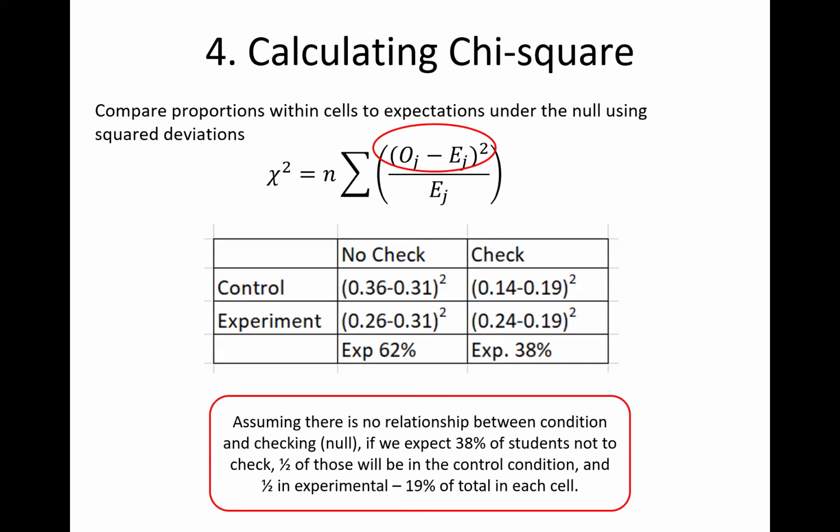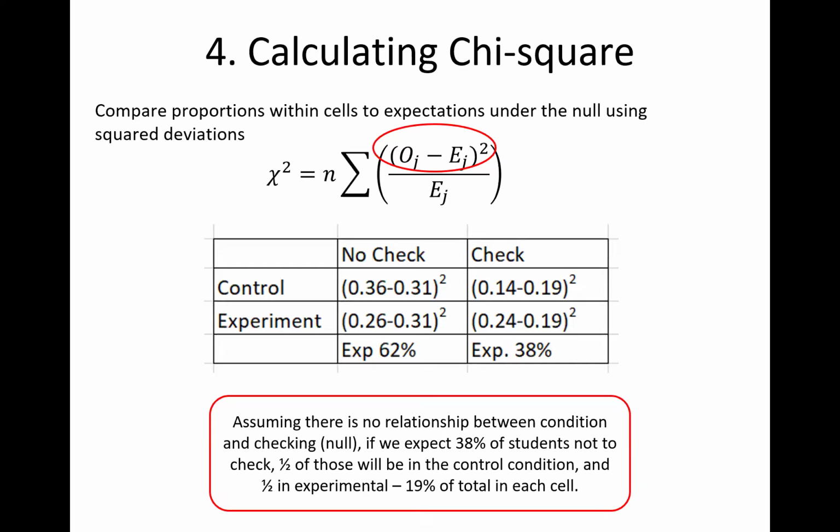So we take the no checking control, 0.36 minus the expected 0.31. 0.36 is the observed value, 0.31 is the expected value, and you square that, and that's your first squared deviation of the observed from the expected.